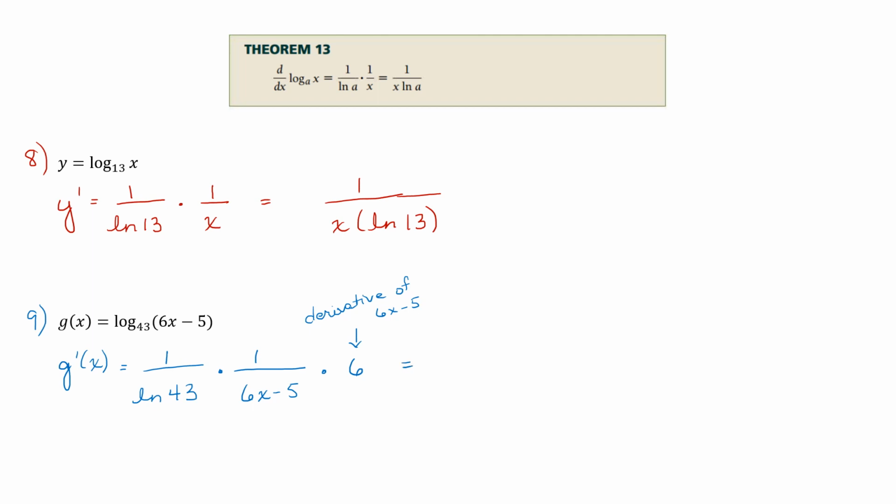So we will have our final answer be 6 over 6x minus 5 times the natural log of 43.